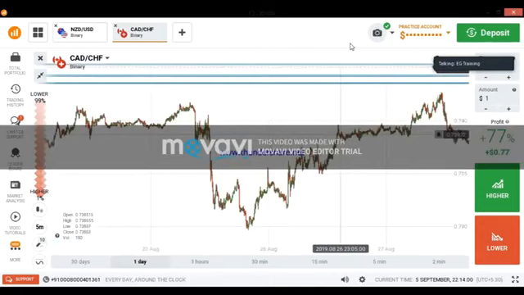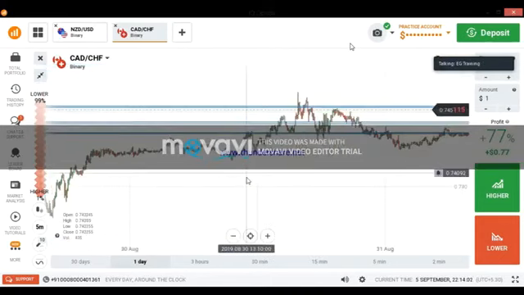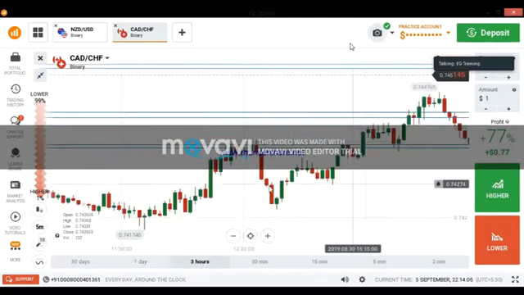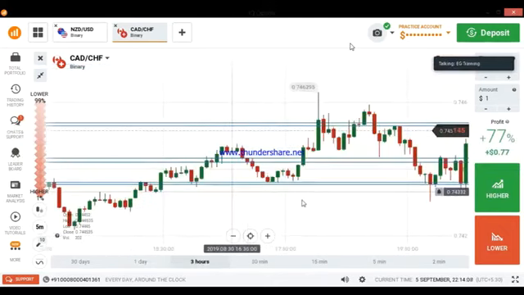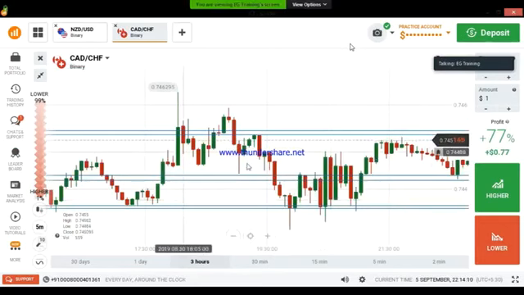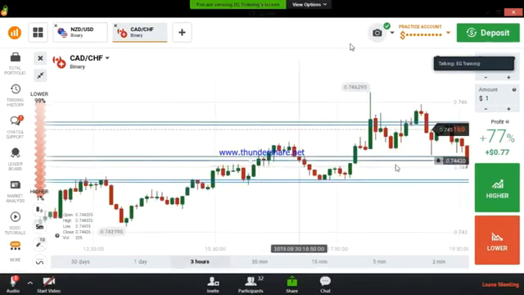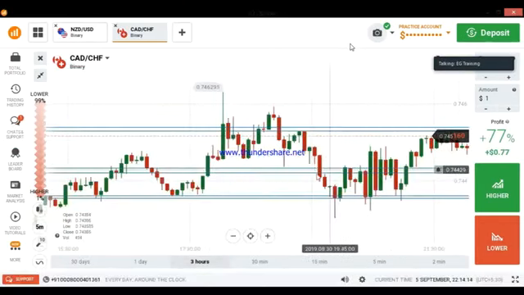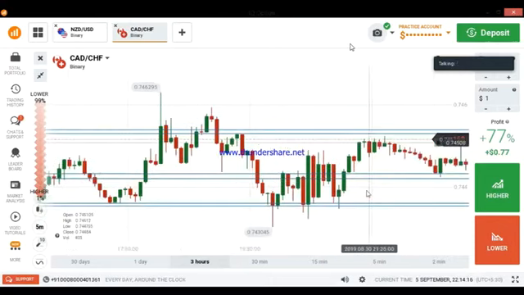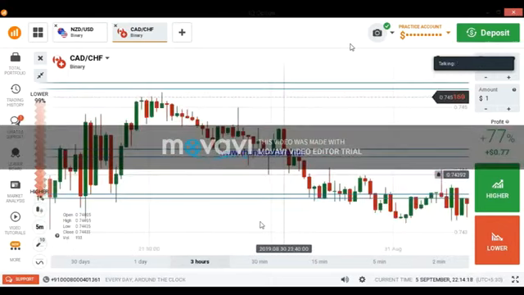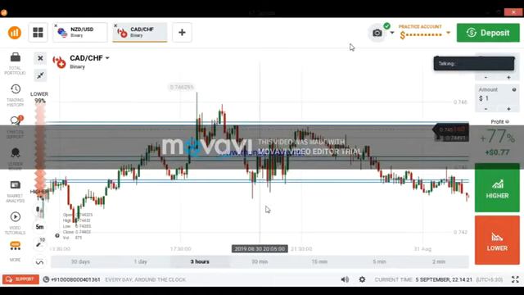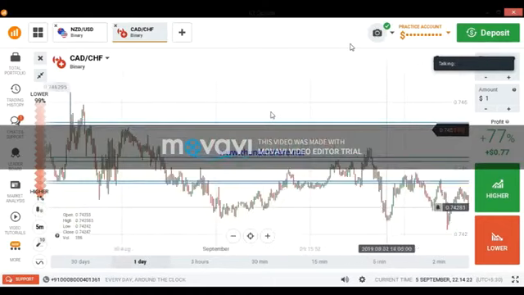If the levels are strong, if the market is respecting this level mostly, this line mostly, and here also it reversed, it didn't reverse on breakout. After breakout too, it didn't reverse. Here it reversed, and here also. It reversed.